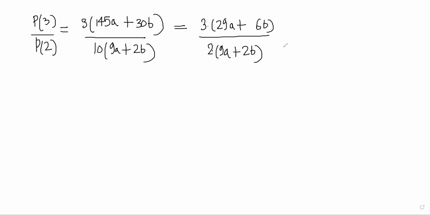Okay, and on top here, see, notice that this is 6b, this is 2b, this is 9a, and this is 29. So I can write it as 27a and take a 2a outside.